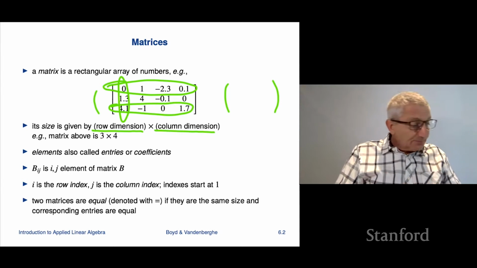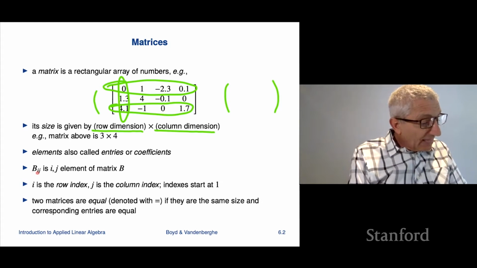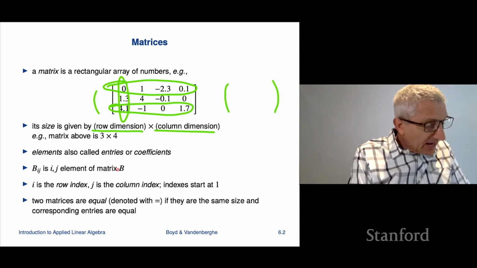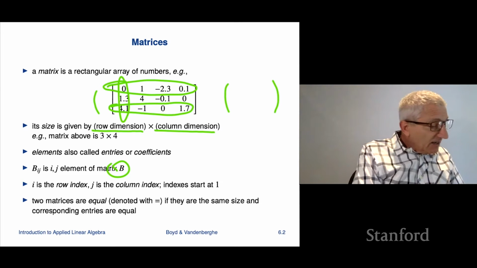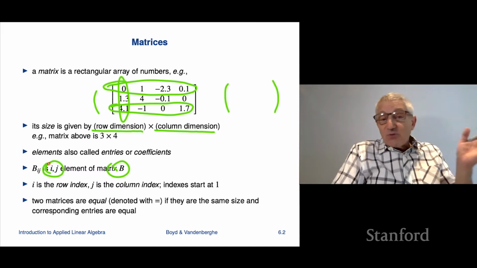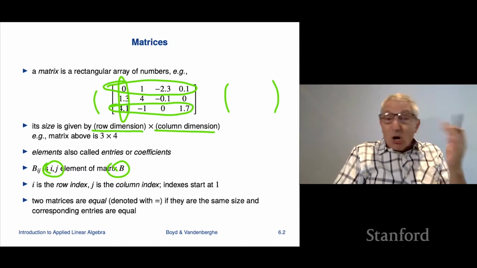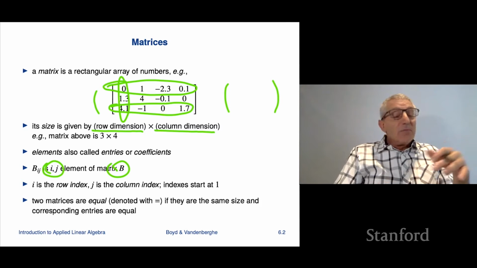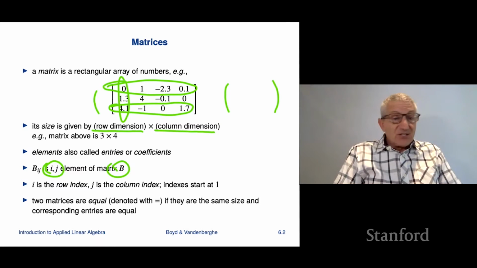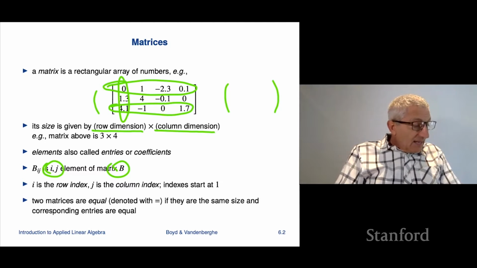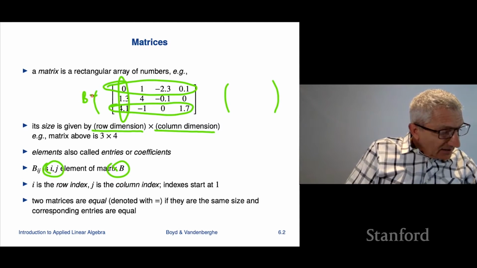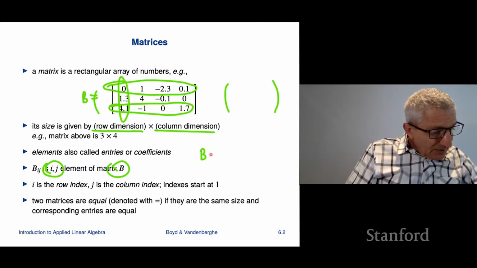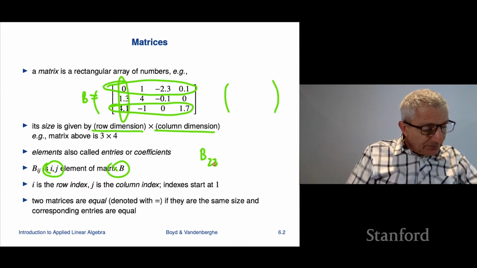That's something to remember. Okay, so if we refer to this matrix up here as B, then Bij refers to the ij element. I is almost always reserved for row and j for column, but that's just a convention. So for example, in this matrix, if this is B, then I could ask, what is B2,3?